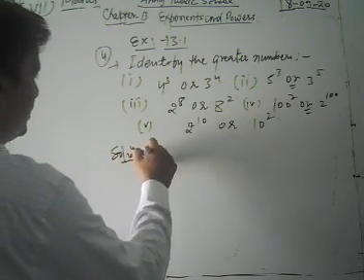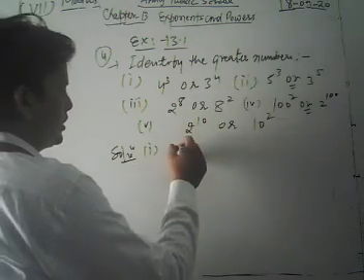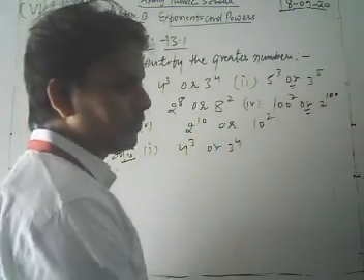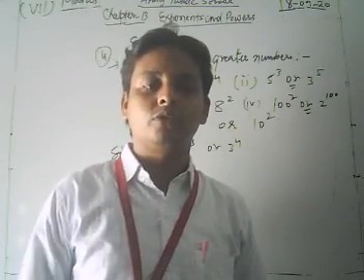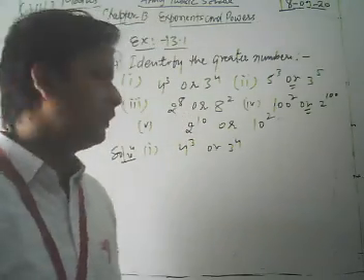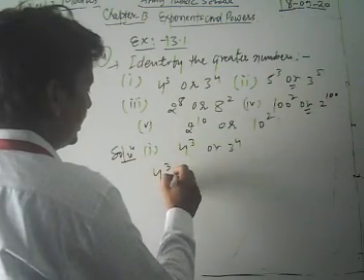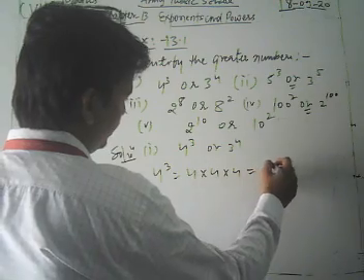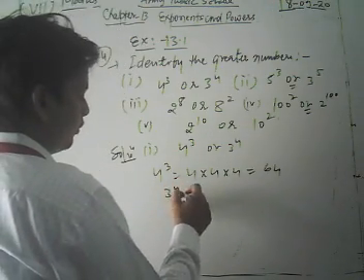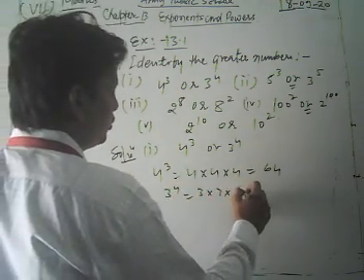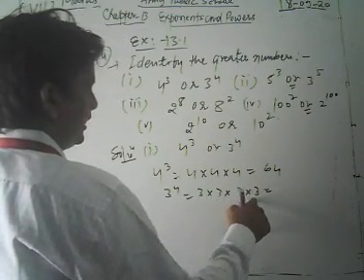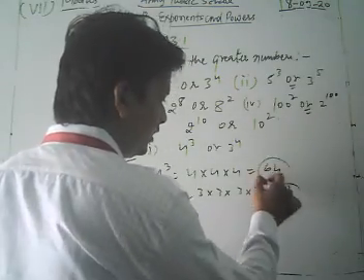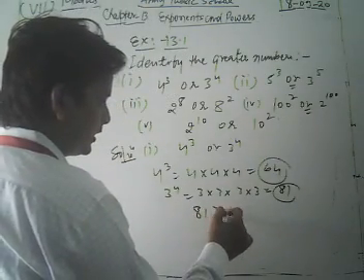Now we take the first part of this question. First it is given as 4 to the power 3 or 3 to the power 4. Dear students, in this type of question, first of all we simplify them. First we take 4 to the power 3. We write 4 into 4 into 4. 4 4s are 16, 16 4s are 64. Now we simplify 3 to the power 4. We get 3 into 3 into 3 into 3. 3 3s are 9, 3 3s are 9, 9 9s are 81. Now look, which is the greater number? 81 is greater than 64.